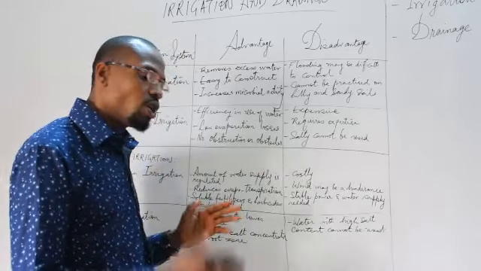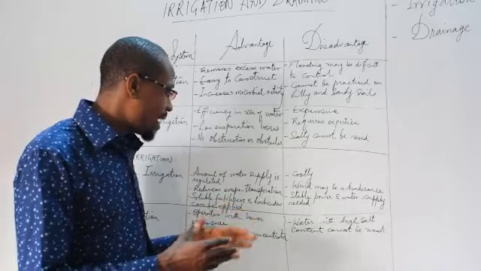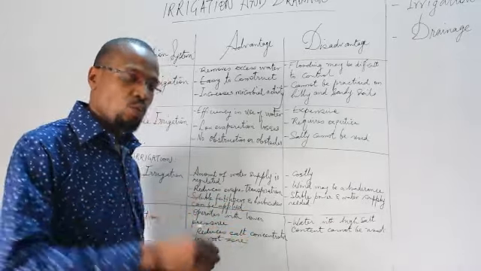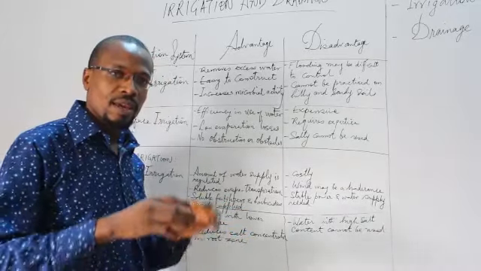And of course, you can actually use fertilizers and herbicides along with the irrigation.